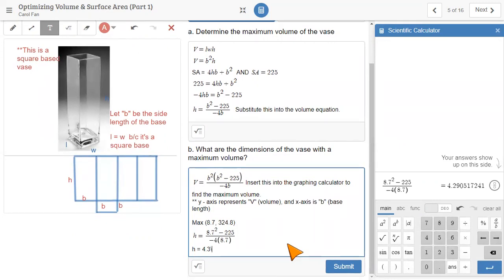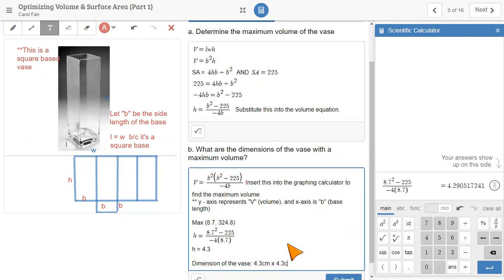So our dimension of the vase, we're going to have a base of 4.3 centimeters by 4.3 by our height of, sorry, I made a mistake. The base is 8.7 by 8.7 and the height of 4.3 centimeters.